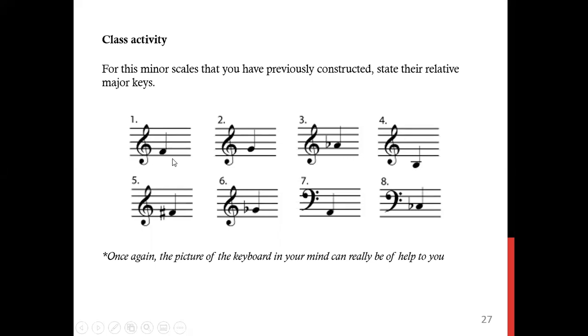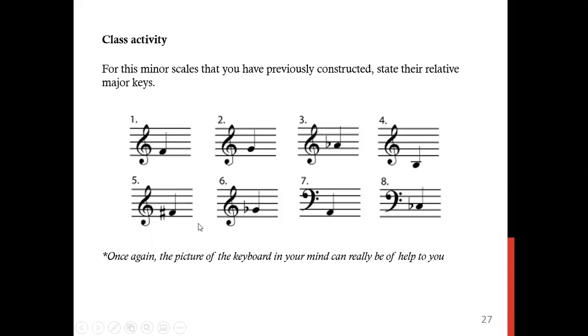Okay, this is what I would like you to do. Let me reconstruct this second class activity. The first one you constructed was the major scale. Although it's practically the same number 1 to 8, but take note of the question now.